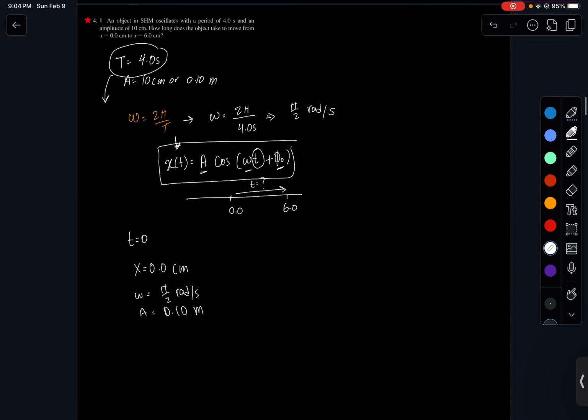Let's do it together. At time equals 0 seconds, the object is at 0 centimeters, which equals the amplitude, 10 centimeters or 0.1 meters, times cosine of omega t. Well, at time equals 0, no matter what omega is, omega t is going to be 0. So we are not going to bother writing omega t, we're just going to write out the phase constant.